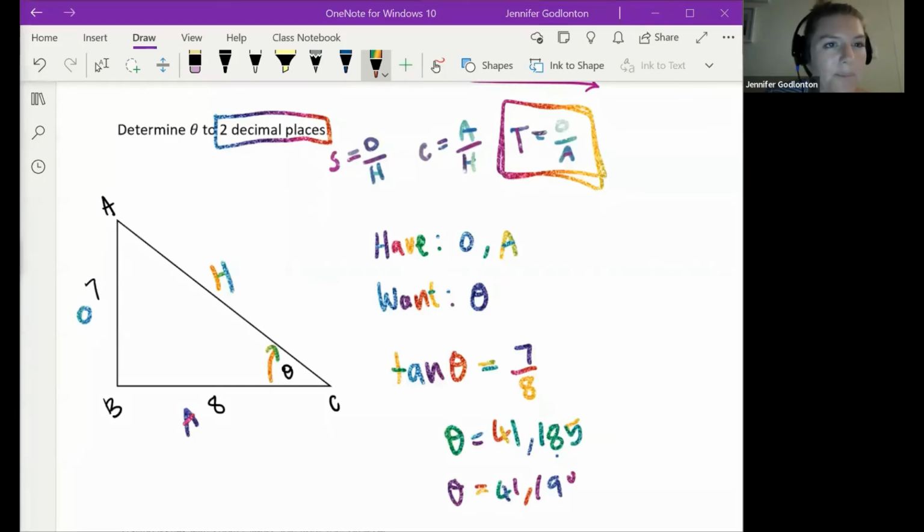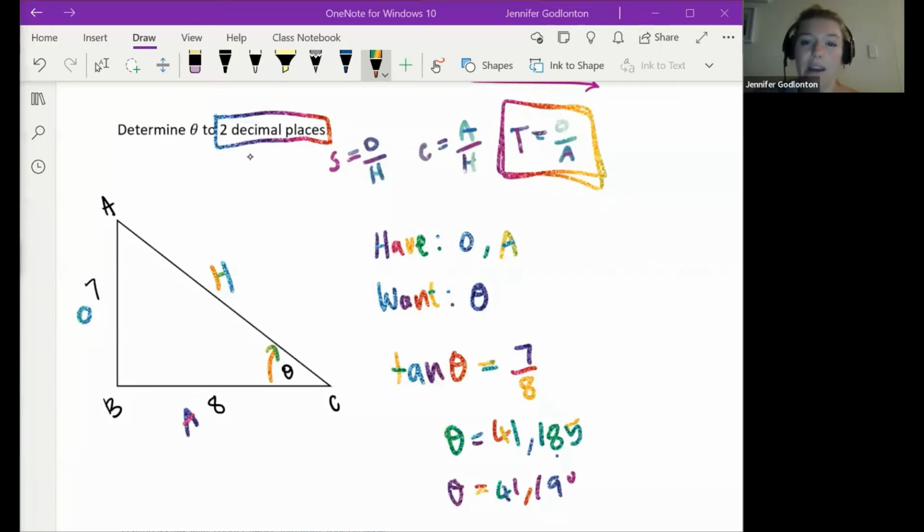Zazipo, how can I help? Hi, ma'am. So, ma'am, in the previous, how do we know where the A and the O go? Because in the previous example, the A was on the top and the O was at the bottom, and now the O is on the side and the A is at the bottom. So it depends on which trig ratio we're using.